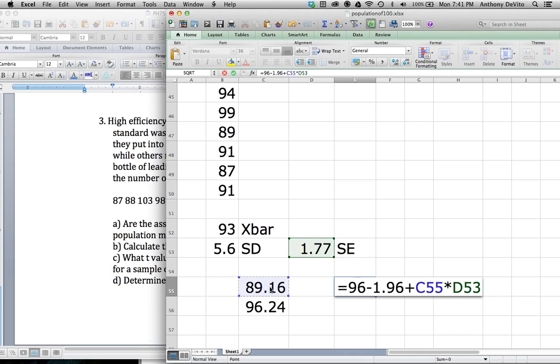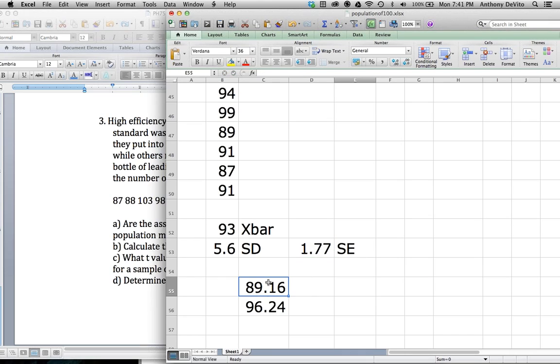So instead of the range being 89 to 96, I need that range to be wider, right? The wider I make that range, the more confident I am that the real mean is between those 2 numbers. That's going to come up next week. Okay, so I need this to be wider. So my cheat here is inappropriate.